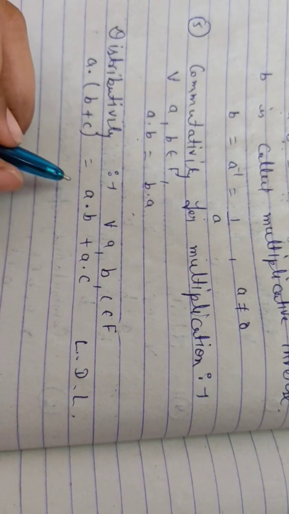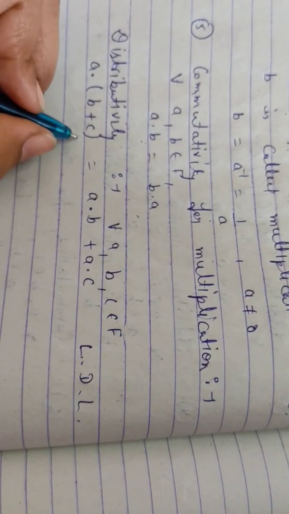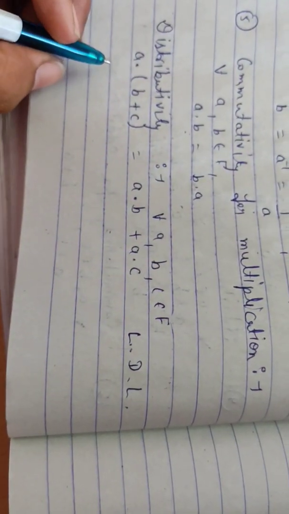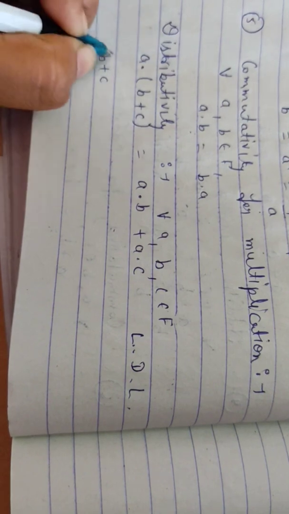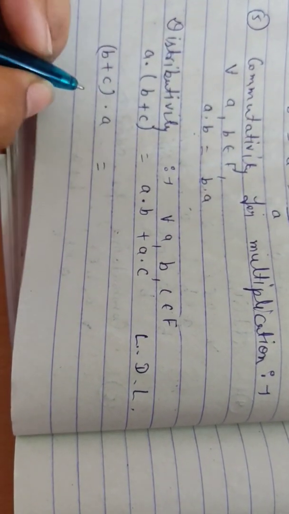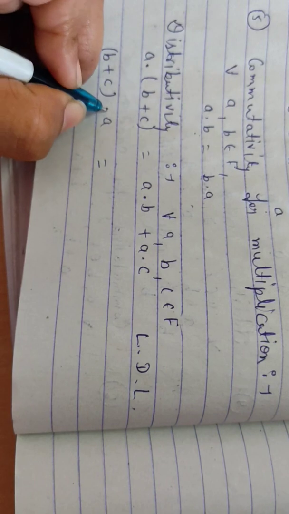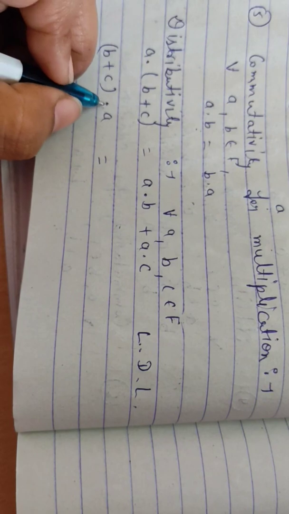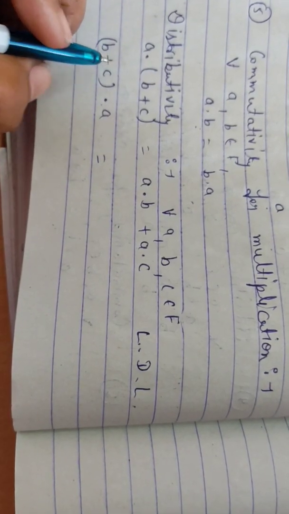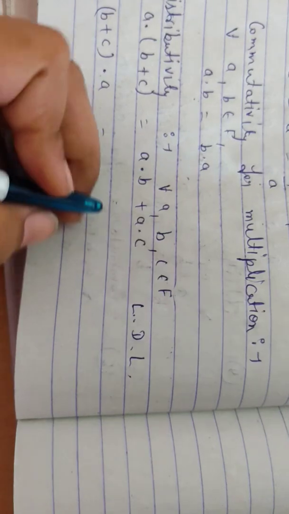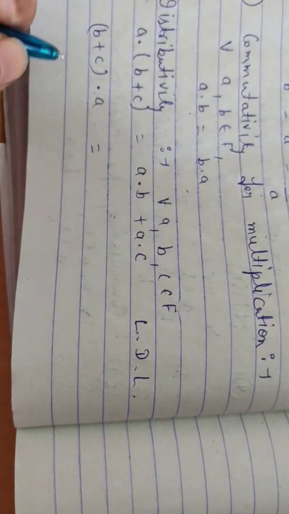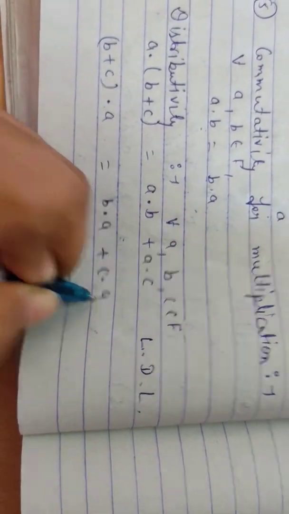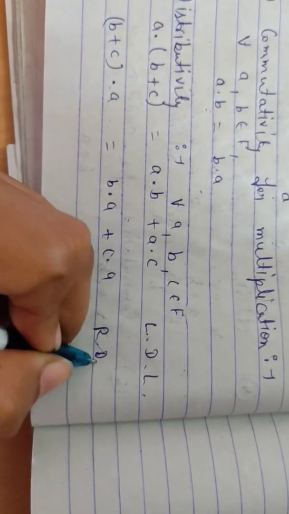What is the right distributive law? If we operate (b + c) · a, distributing the multiplication operation over addition from the right-hand side, then this is the right distributive law, and it can be written as (b + c) · a is equal to b · a + c · a.